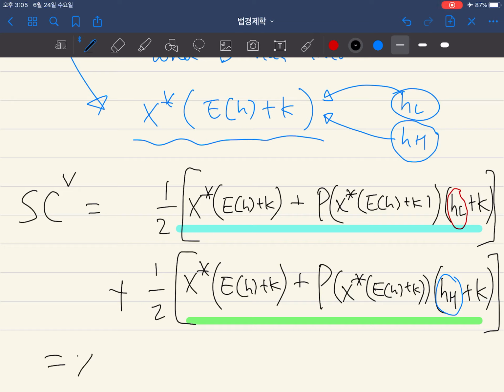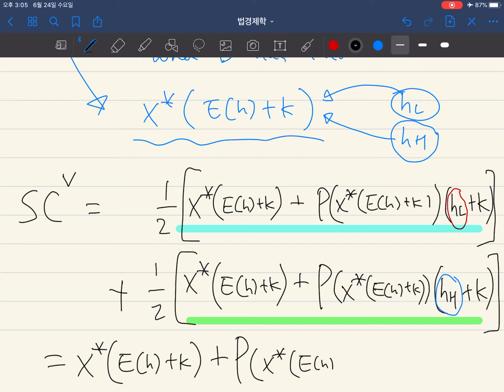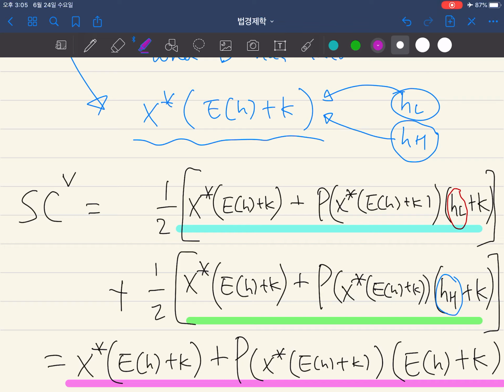If we simplify it, in the end we get average harm here plus K. So this purple expression is our social cost under verification.